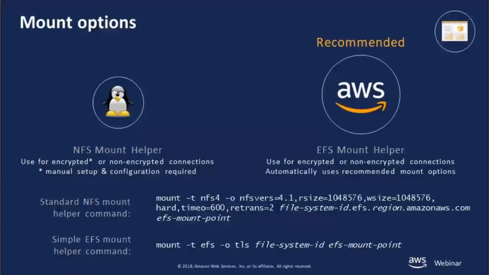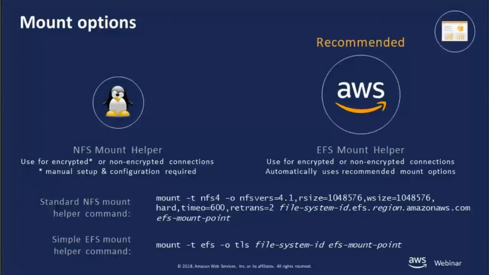We also released earlier this year an EFS mount helper. The EFS mount helper is really a wrapper that is executed to mount the file system using NFS 4.1 and all of our recommended mount options. So it makes it very simple and easy to mount an EFS file system using the EFS file system ID.